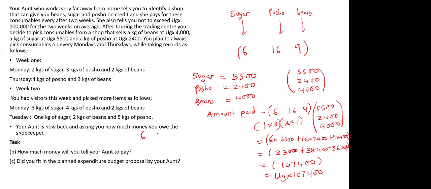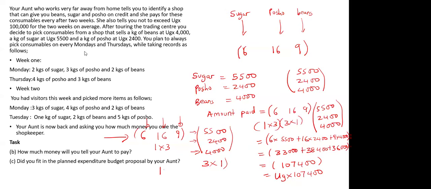When you look at 6, 16, and 9, this is a 1 by 3. Then I'm multiplying it by the order. It has 1 row and 1, 2, 3. Then this is 550, 2400, 400. So this is 1, 2, 3. So this is 3 by 1. Thank you. Okay. Then the last one.